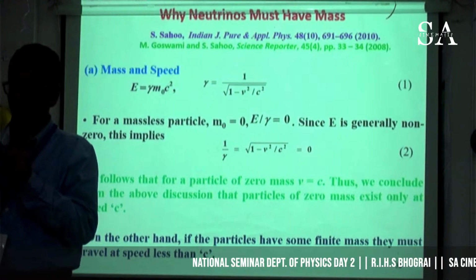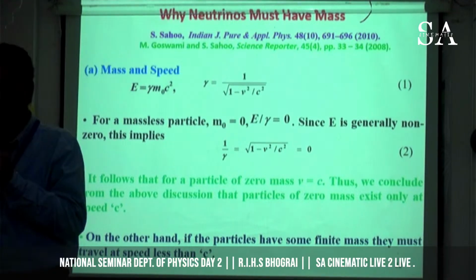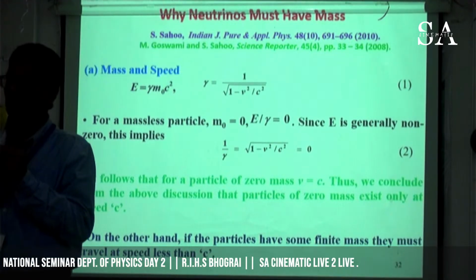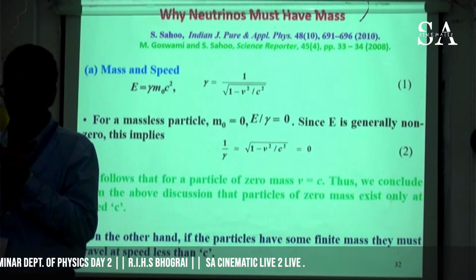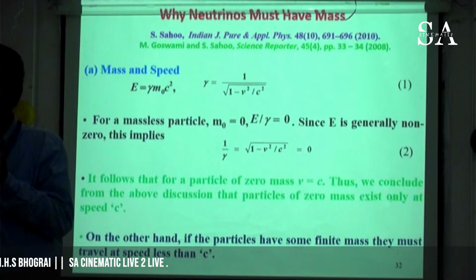The scientists have said that for this neutrino oscillation, the neutrino should have some mass. Otherwise, oscillation is not possible.